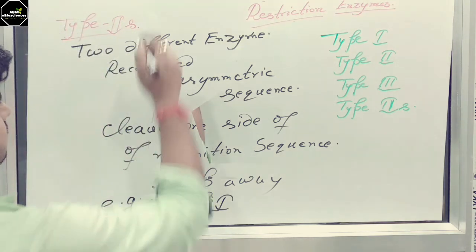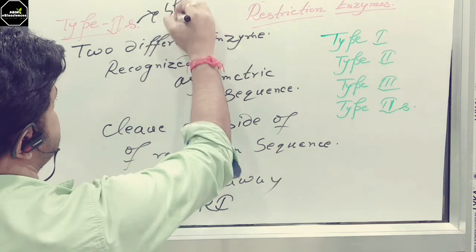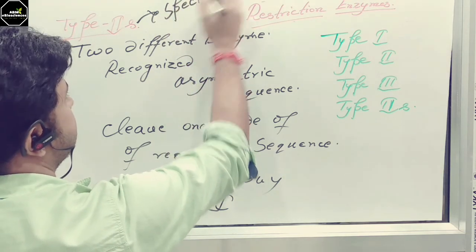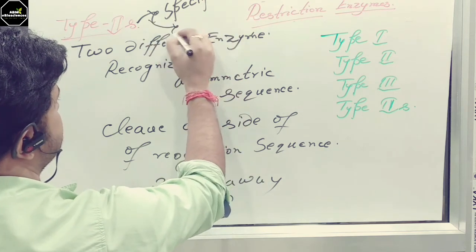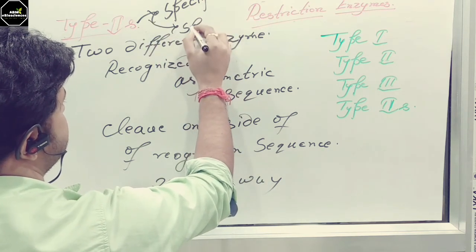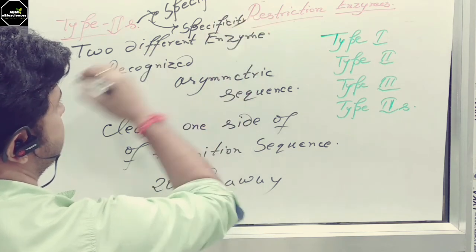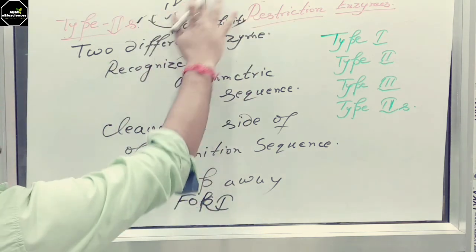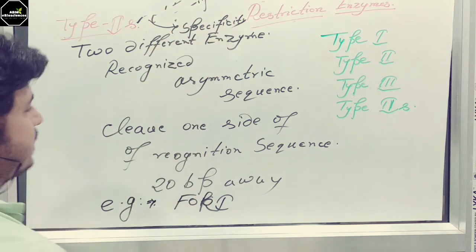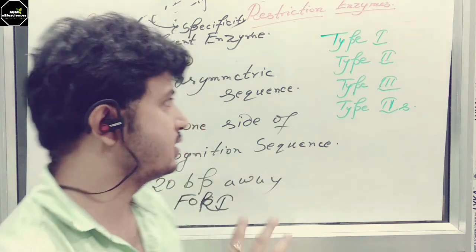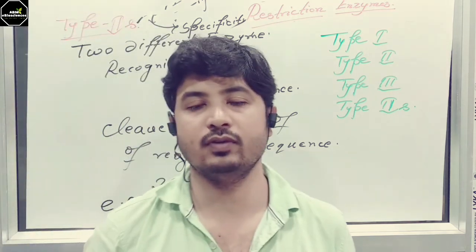Here S is for specificity or binding ability. So S denotes the specificity, type 2S, but it has several differences from the type 2 enzyme. So these are 4 kinds of restriction enzymes which will be helpful for your study.